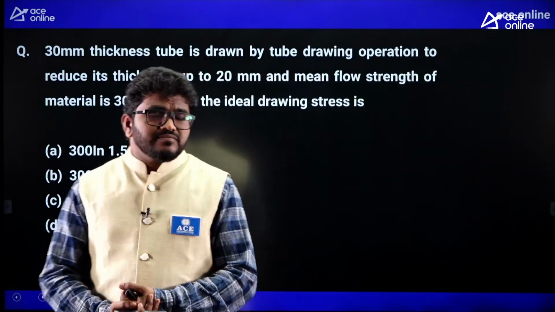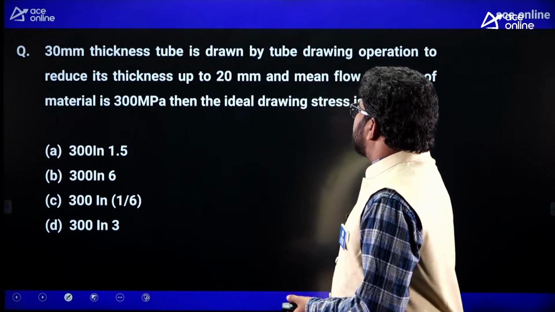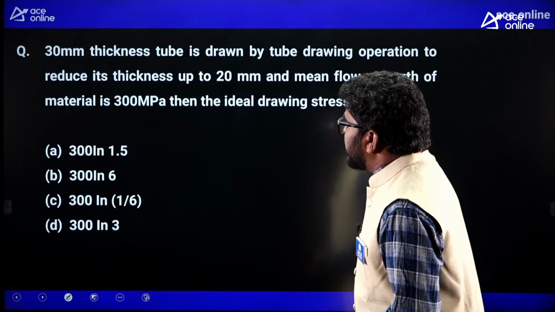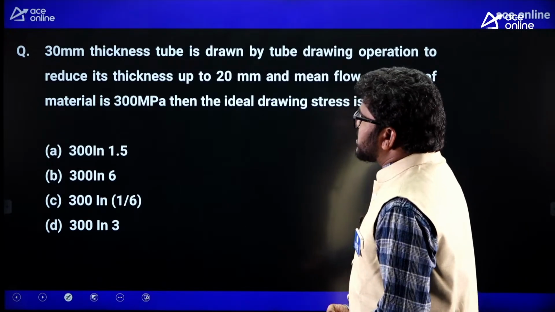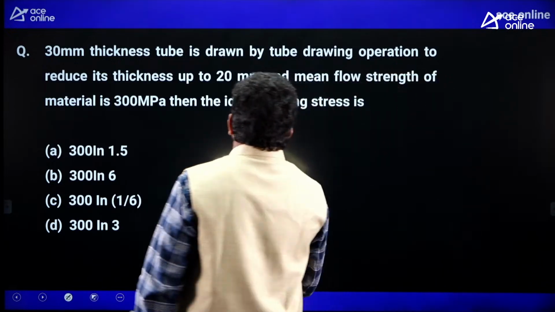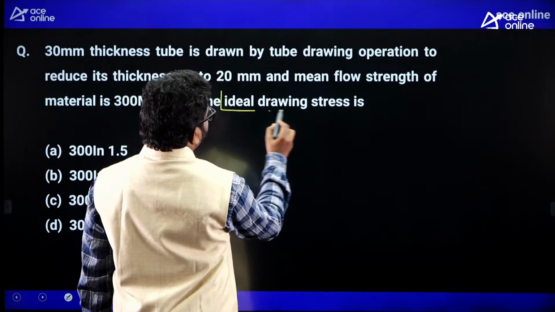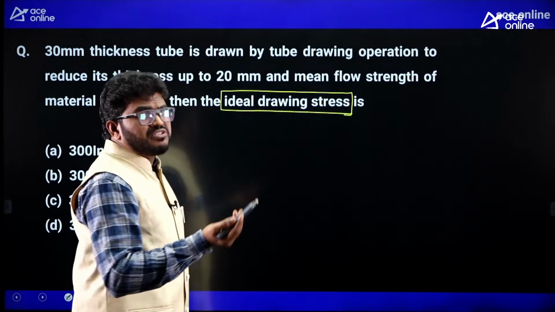Another question. A 30 mm thickness tube is drawn by tube drawing operation to reduce its thickness up to 20 mm. The mean flow strength of material is 300. Then the ideal drawing stress, I said you should remember the formulas related to ideal drawing stress and ideal drawing force of wire drawing, extrusion, all these things.